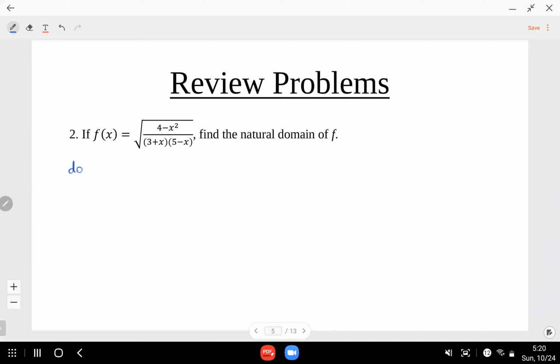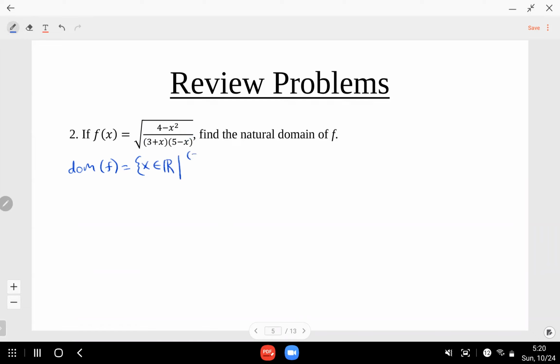So the domain of f would equal x is in all real numbers, and what does this thing equal right here, right? Basically, if you take the square root of everything, then everything inside here has to be greater than or equal to 0, right?